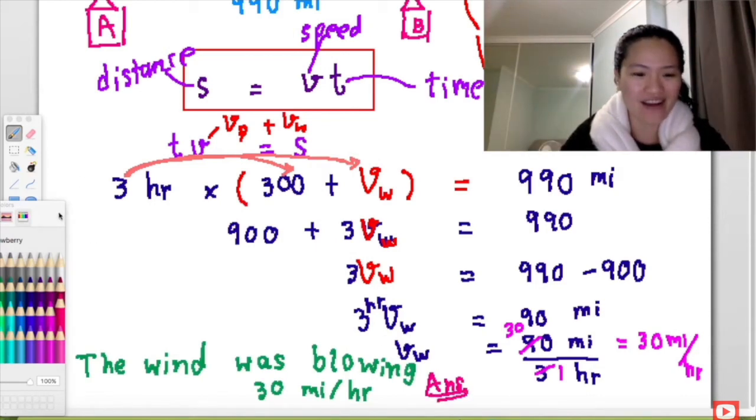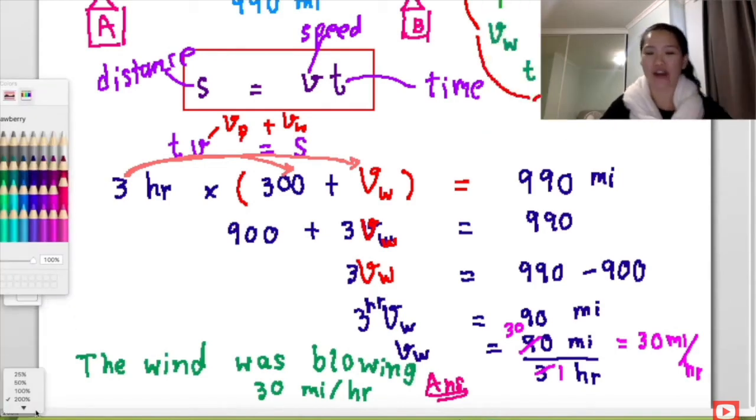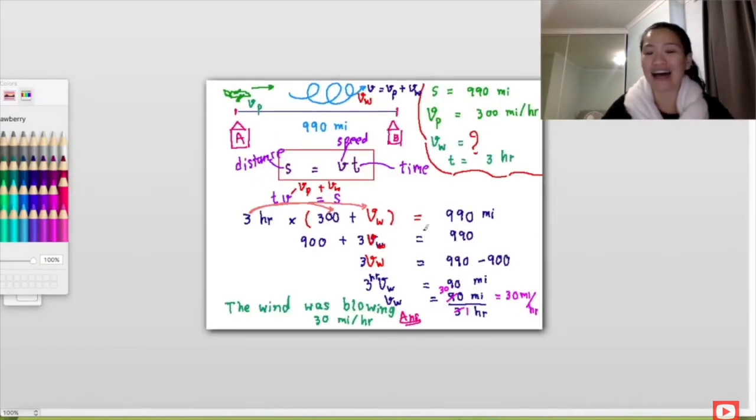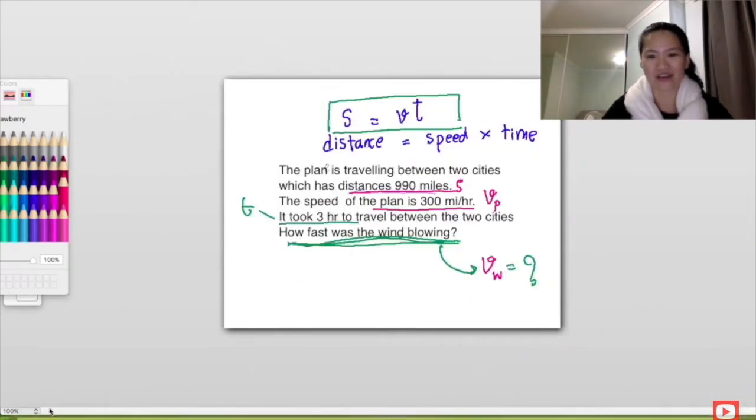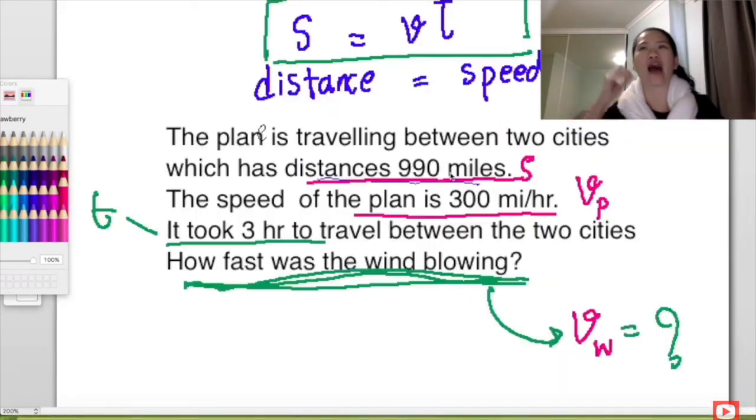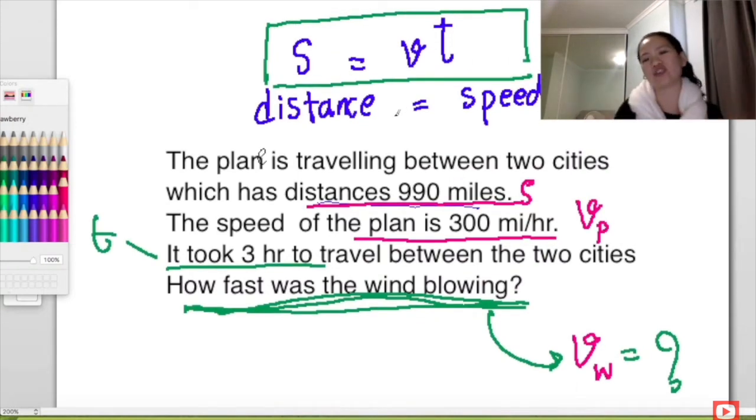Alright, see the concept again. First, you try to analyze the question like this. Try to analyze. You have to find the connection between the formula and all of the information. Find what they want, what they asked you. Like, okay, how fast was the wind blowing?